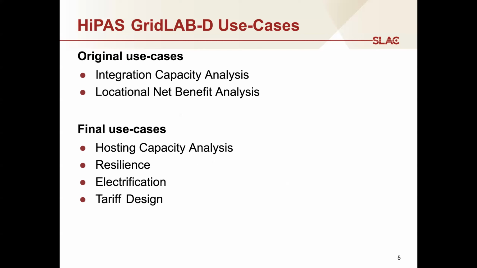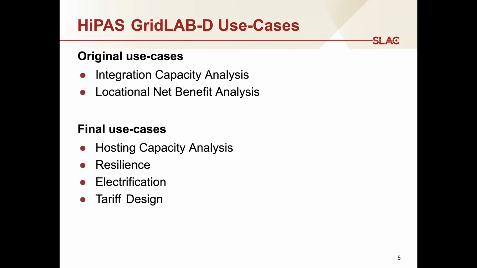So I mentioned there were some use cases that we originally set out to develop for Gridlab-d, and that with input from the Technical Advisory Committee, we revised and changed. Originally we proposed to support integration capacity analysis, which is the problem of understanding where we can add solar to the system, and locational net benefit analysis, which is the problem of understanding where distributed resources offer the best advantage to utilities and their customers.